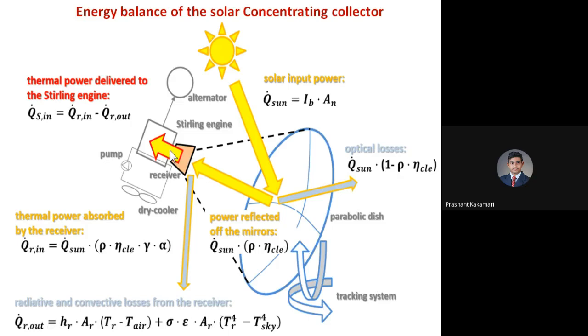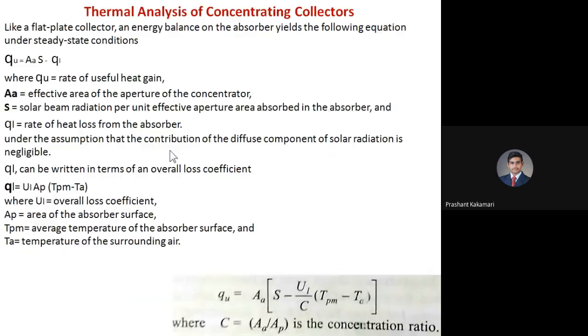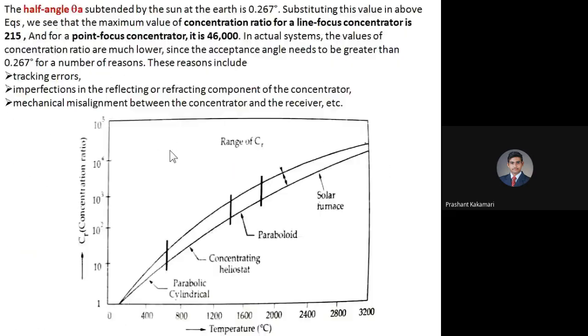In such conditions, efficiency is lower. So the alignment of receiver and concentrator should be properly matched. Then only the efficiency can improve.